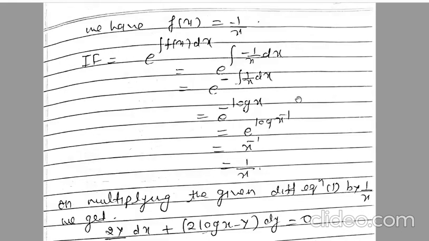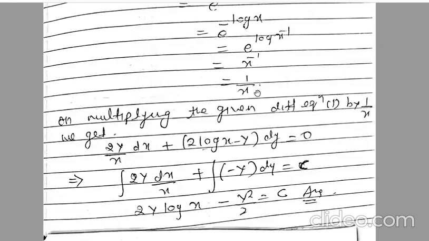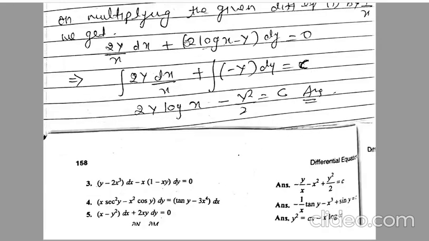Okay, 2x log x minus xy. So guys, taking x common outside, that value will be cancelled out. 2x log x minus xy upon x, that means x you can take in common outside in numerator and denominator, so both will be cancelled out. So you will get this line, right?